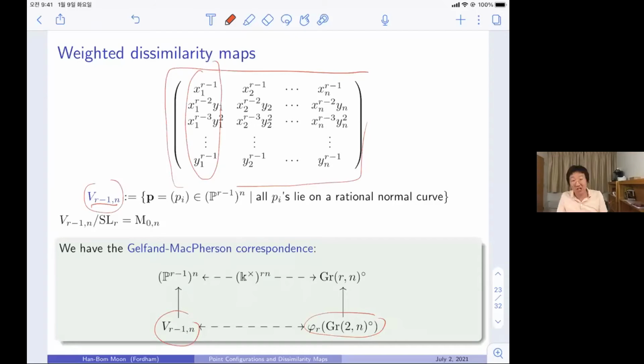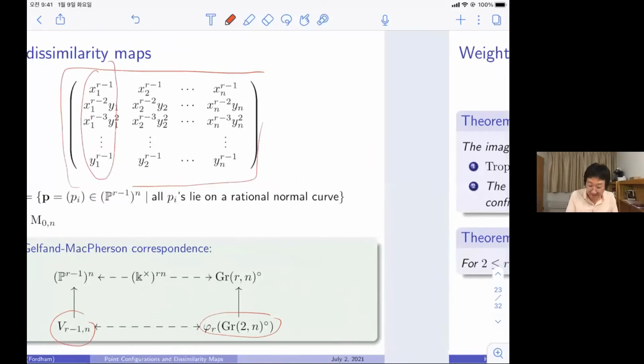If you take the quotient, then this is exactly the moduli space of n-pointed rational curves, M_{0,n}, before taking the compactification. Okay, so the image of weighted dissimilarity maps can be understood in many different ways.